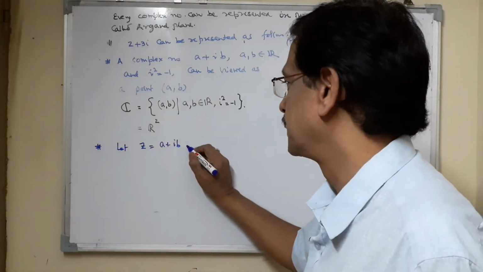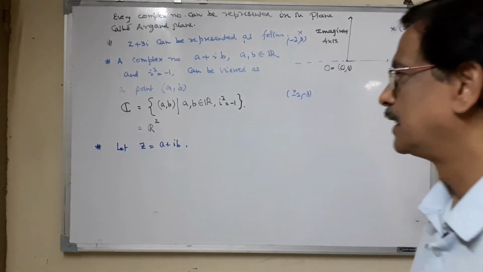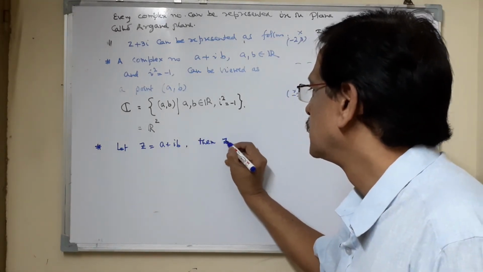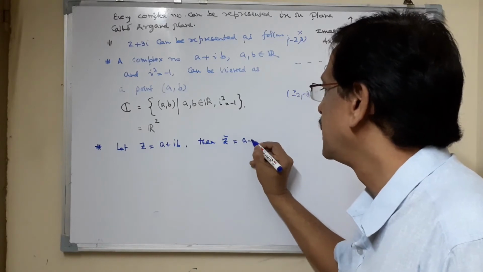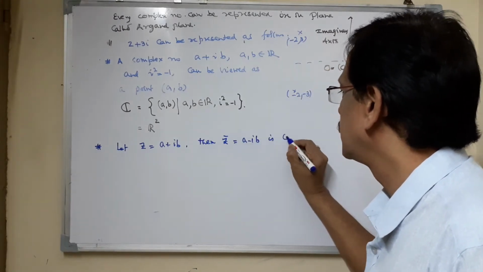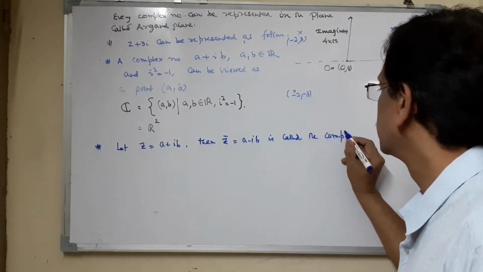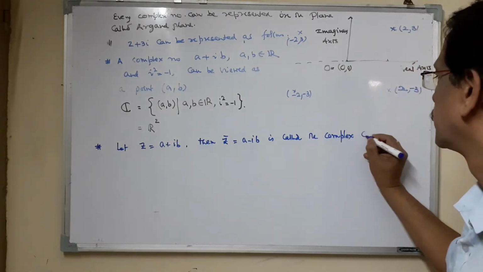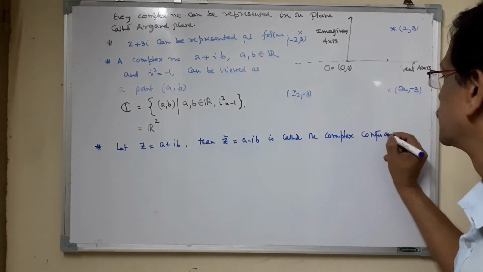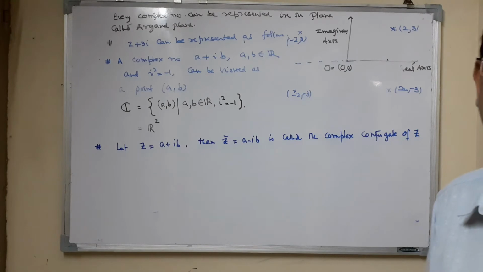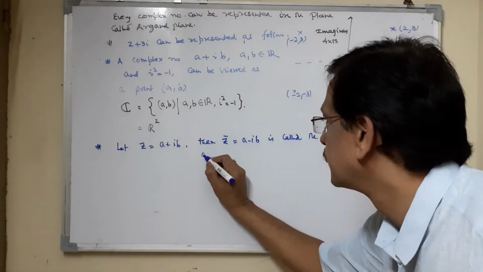Then z bar, which is a minus ib, is called the complex conjugate, or simply conjugate of z, and vice versa.